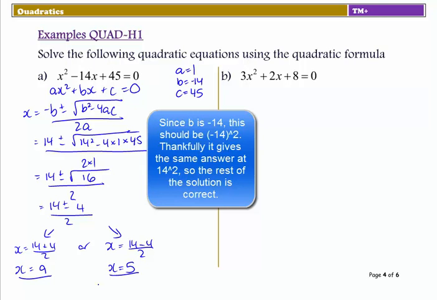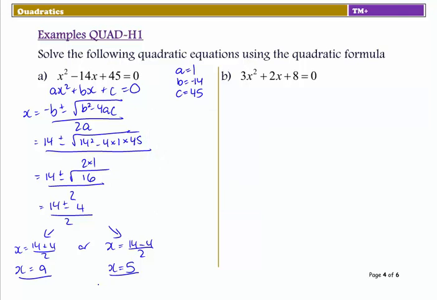Let's look at the next one. 3x squared plus 2x plus 8 equals 0. Now a is equal to 3, b is equal to 2, and c is equal to 8. Okay? Formula, x equals minus b plus or minus the square root of b squared minus 4ac all over 2a. Plug it in.